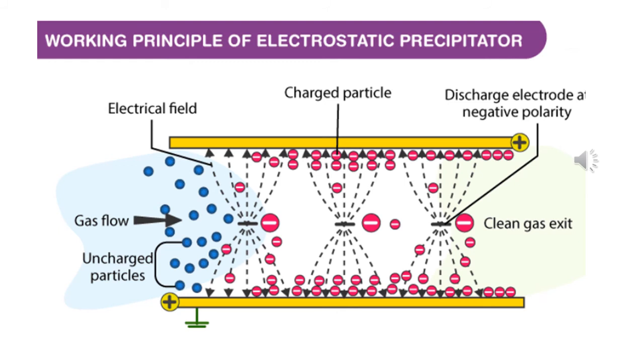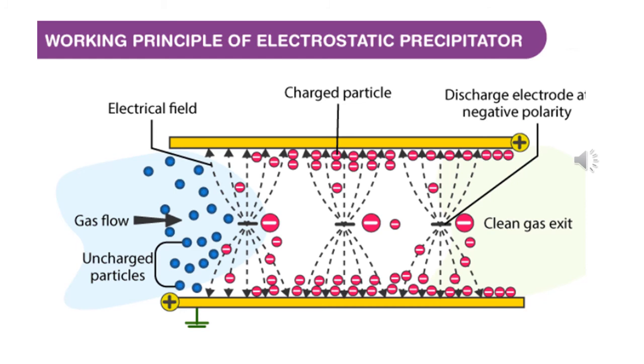Here, two electrodes are surrounded by air, so that is known as corona discharge. The corona discharge occurs around the electrodes or the wire mesh due to the high negativity of negative charges.